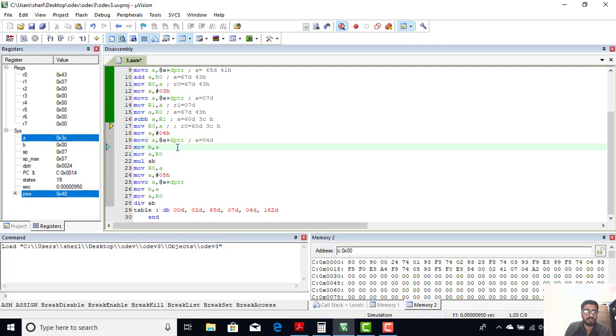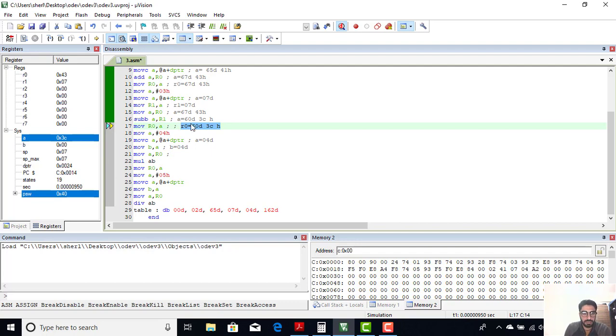Now we are moving A to B, because when you are going to use multiplication, you are forced to use the accumulator with the B register. So we first need to move A to the B register, which means B is going to be equal to 04 decimal, and then we will pick again the value of R0.